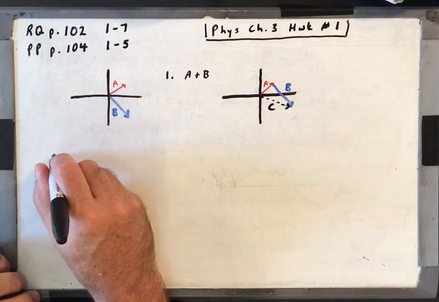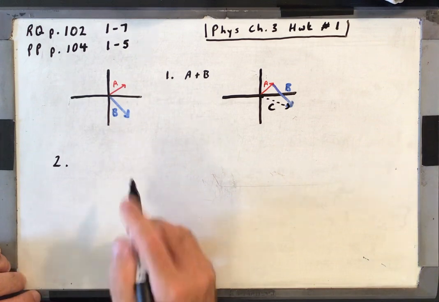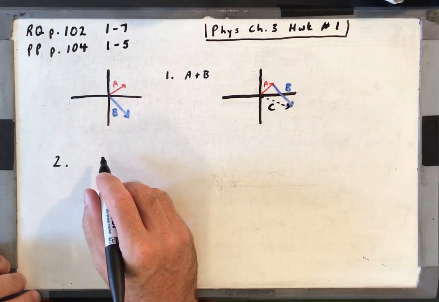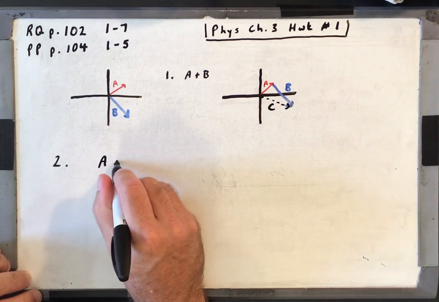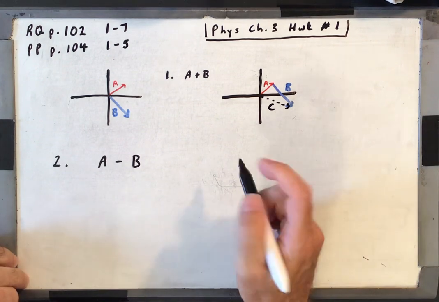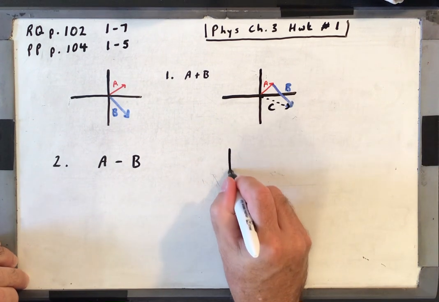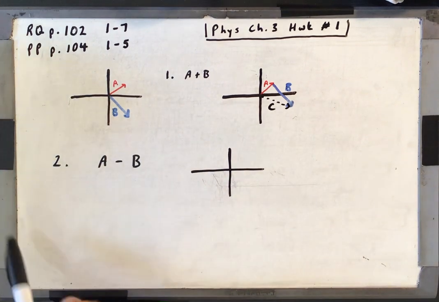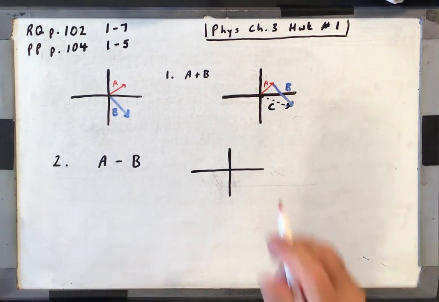your answer should lie. All right, number 2, we're going to use this same one, and we want to subtract vector B from vector A. So that'd be A minus B. All right, so it's the second one that you're going to change.